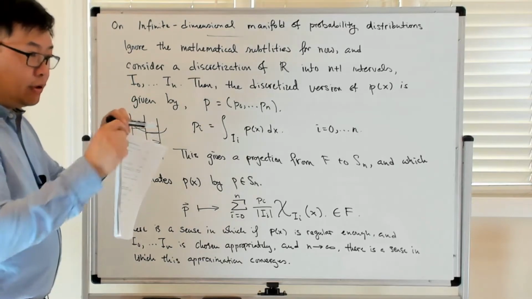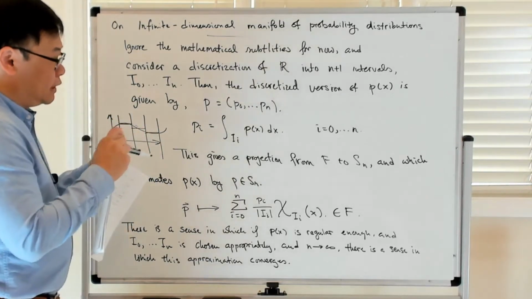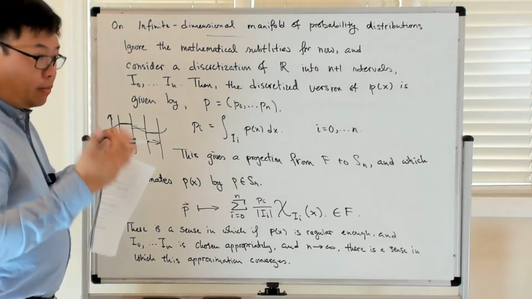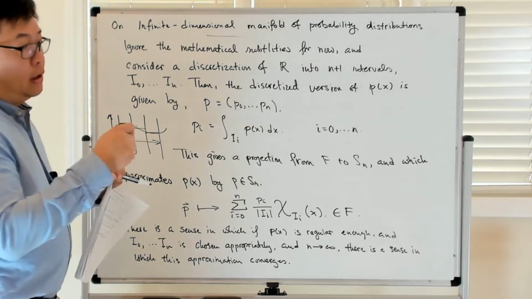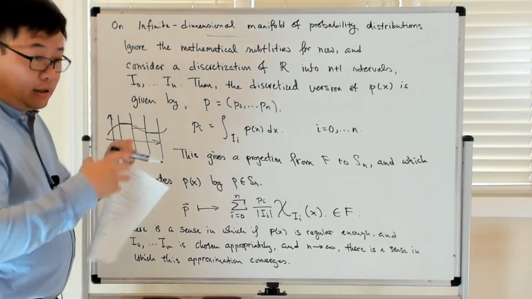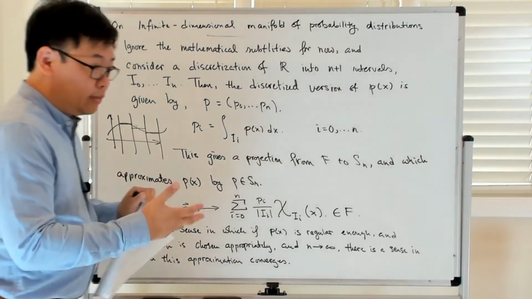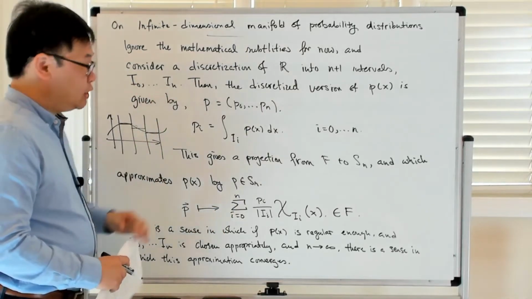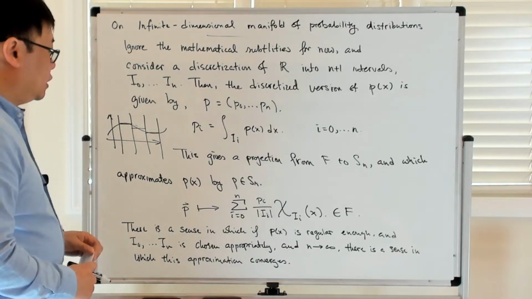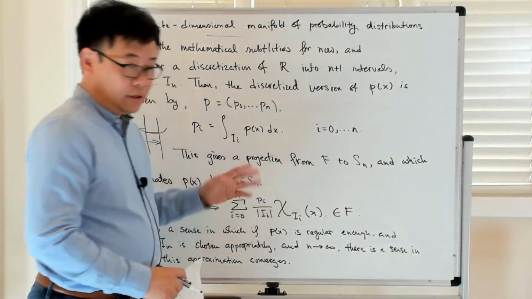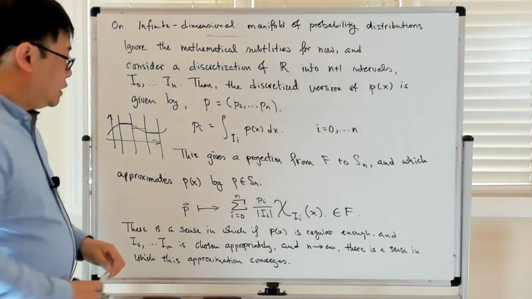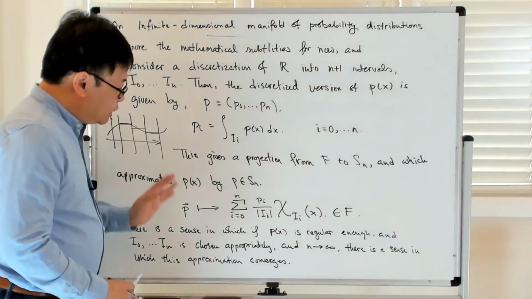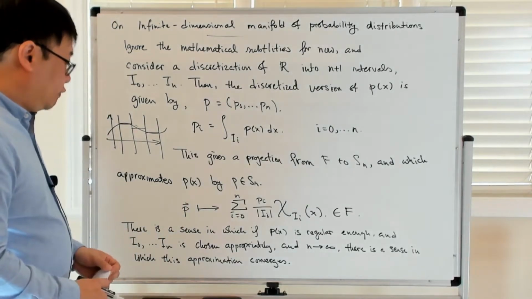So imagine there's some interval in the reals, and you want to look at the probability of the random variable being in that subset. You integrate p of x over that measurable set, and that gives you the probability. Then you want to do something similar to this reconstructed object, the approximation of that probability distribution. If you integrate it over that same measurable set, you want these two things to converge to each other. That's the right notion of convergence.